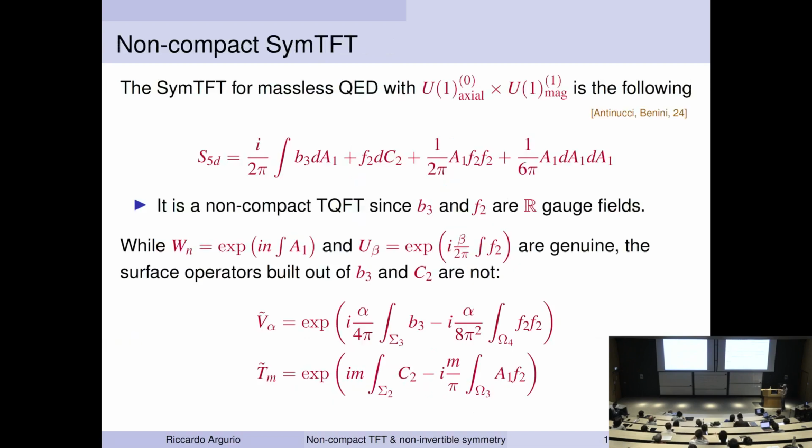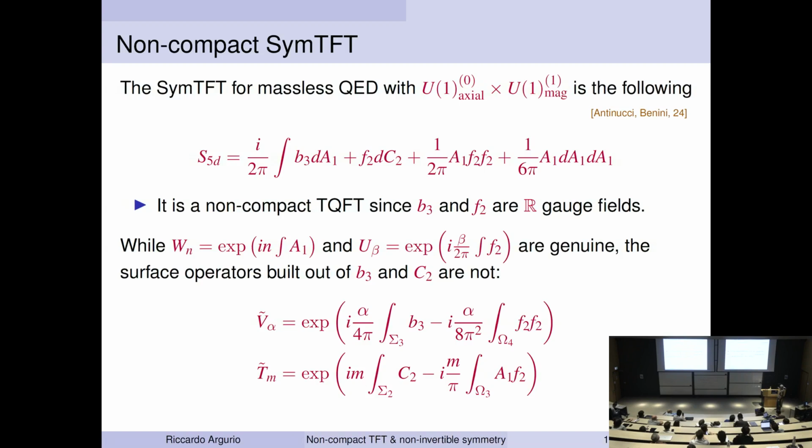Okay. So let me go a bit more quickly. We can also look at the same theory from the perspective of the symmetry TFT. This is exactly the same symmetry TFT that was displayed in the talk by Andrea; indeed, we extracted it from here.